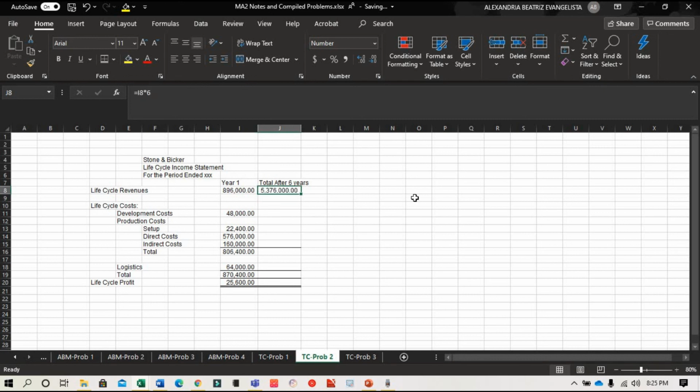Because it is said that the lamp product line is expected to be produced over the next 6 years. Meaning, you're going to sell it for the next 6 years as well, and of course, you're going to have your revenues. For the development costs, you're not going to multiply it by 6, because development cost is only incurred during the first year.